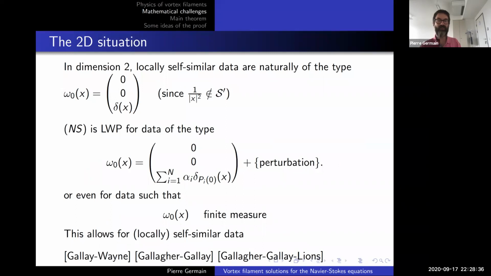So in 2D, you have the same picture, but in a way, locally self-similar data have a nicer geometry. Basically, they are of the type, the vorticity is supported at a number of points.